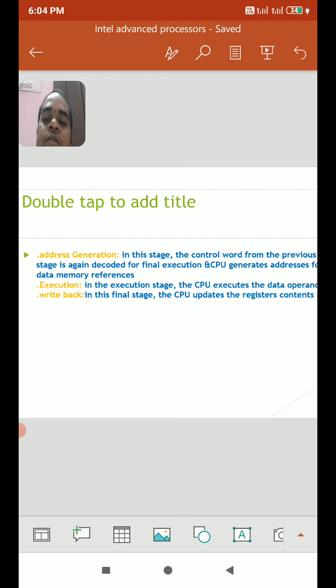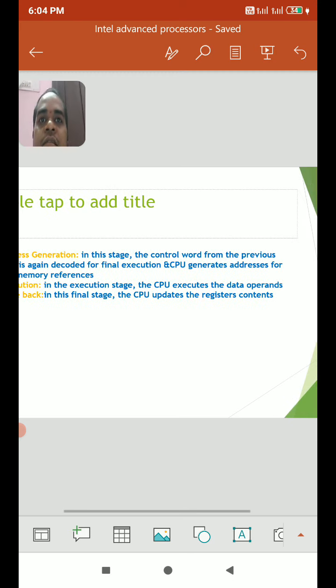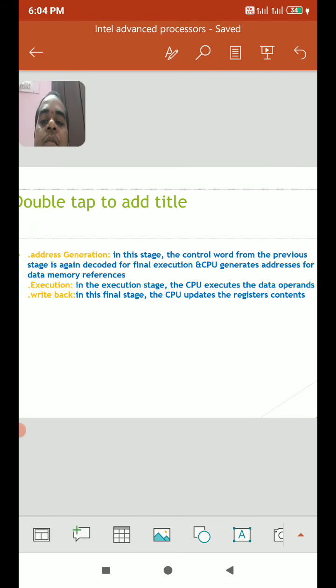After execution, we get some results. Those results are stored in the memory temporarily, or in the registers, or else given back to the output device. That is the write back stage.